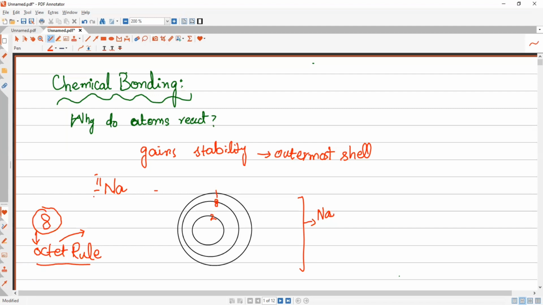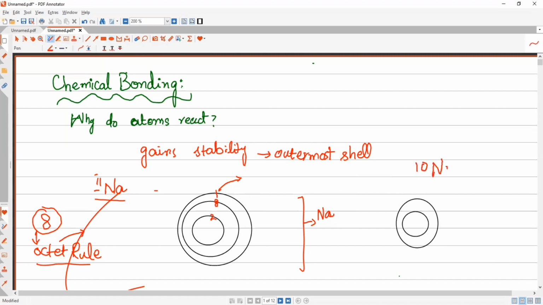So in order to make itself stable, sodium just loses one of its electrons that is present here. So sodium will lose its outermost electron, and after losing one electron, the electronic structure of sodium will be like this. It contains only 2 shells, because now 1 electron is lost, only 10 electrons remain.